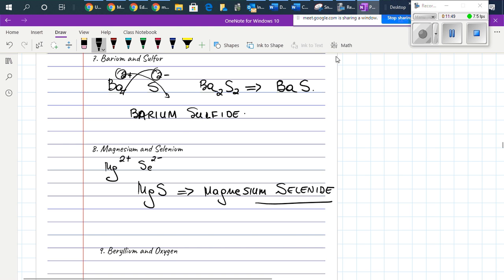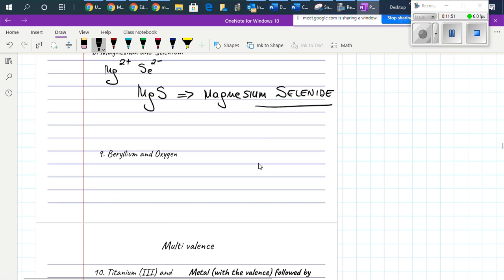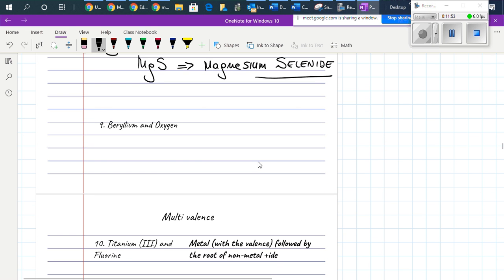Beryllium and oxygen. Beryllium 2 plus, oxygen 2 minus, so it will be BeO, and the name will be beryllium oxide.